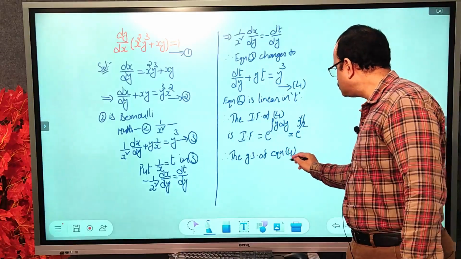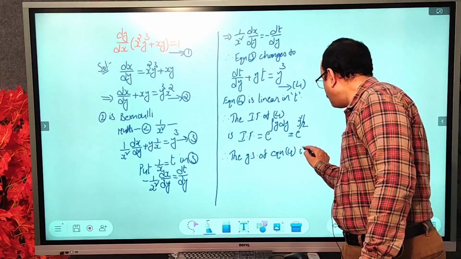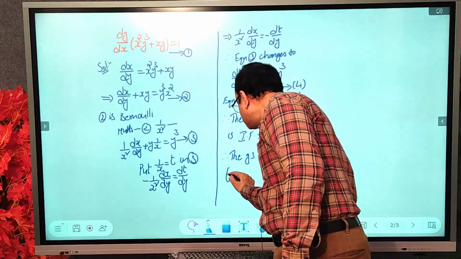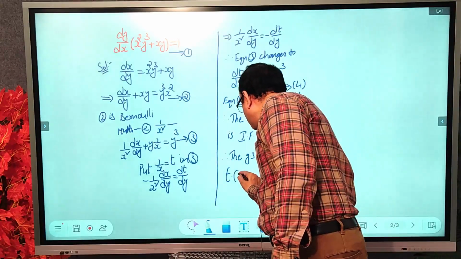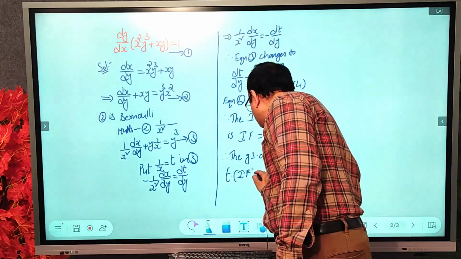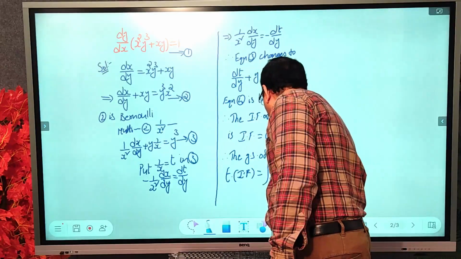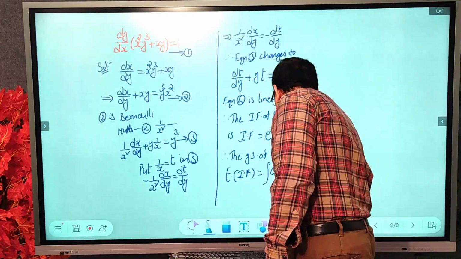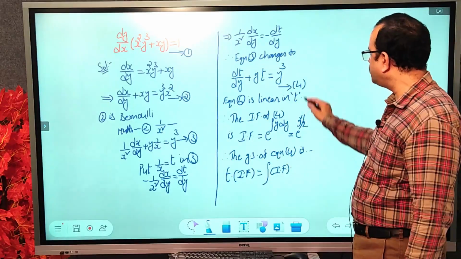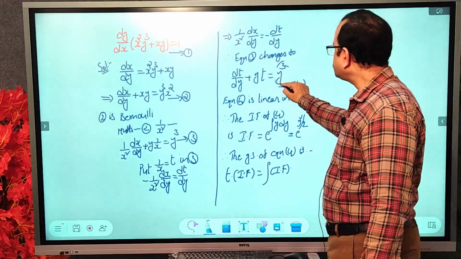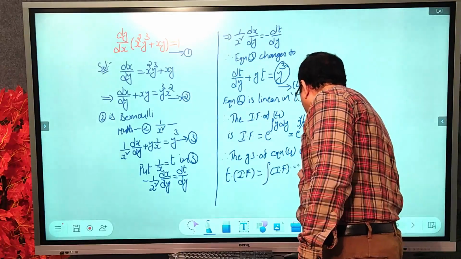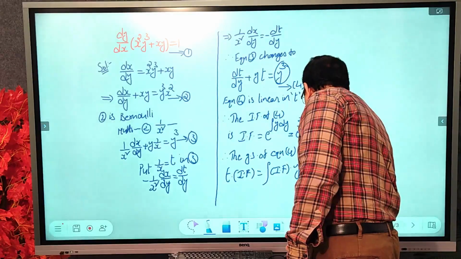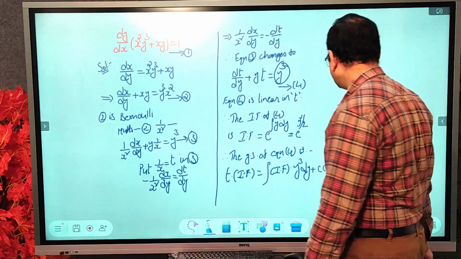So the general solution of equation 4 is in the form of: t into integrating factor, because t is the dependent variable here, is equal to integral of integrating factor into what we have on the right side of equation 4, y cube. You write it here, y cube into dy, and of course the integral constant or the arbitrary constant c we can write it.